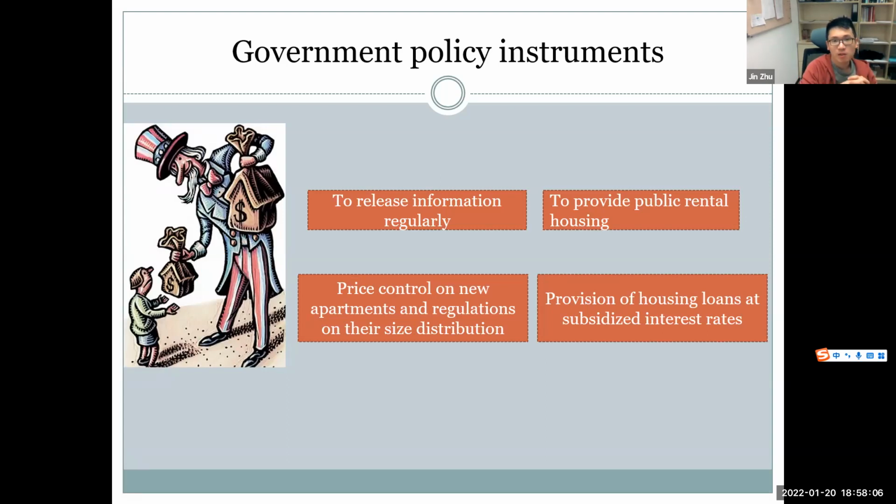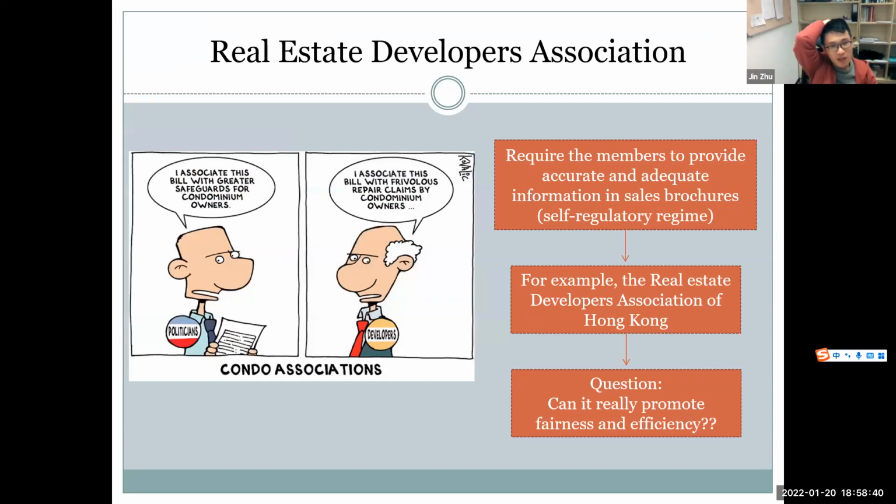And also let's see some government policy instruments. It is very important that first it can release information regularly, and it can provide public rental housing. It also provides price control on new apartments and regulations of the size, distribution, and provision of housing, and loans at subsidized interest rates. We also have professional associations like the Real Estate Developers Association.